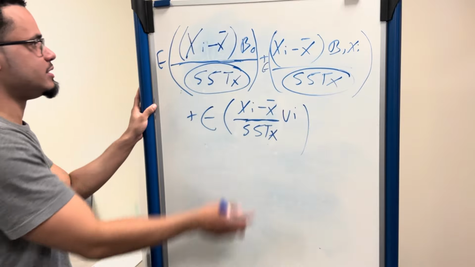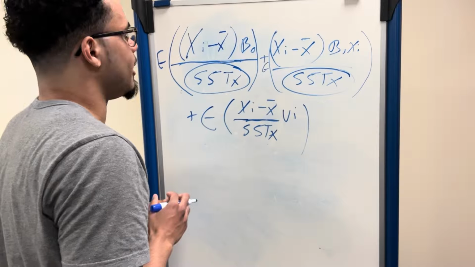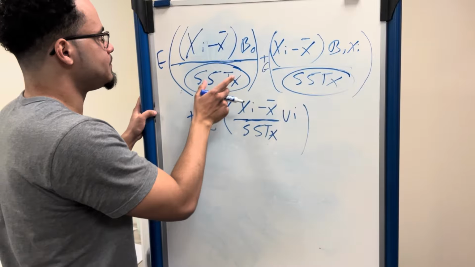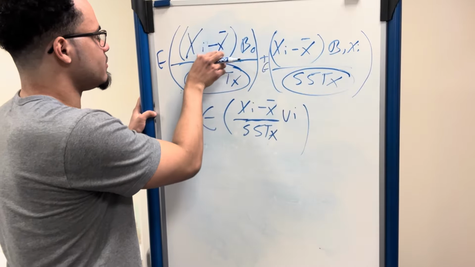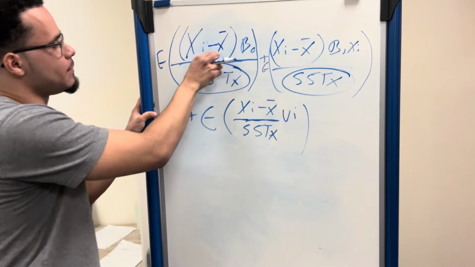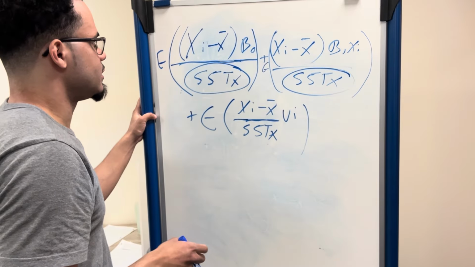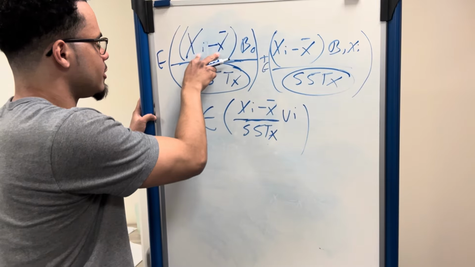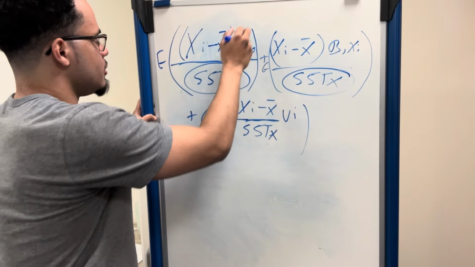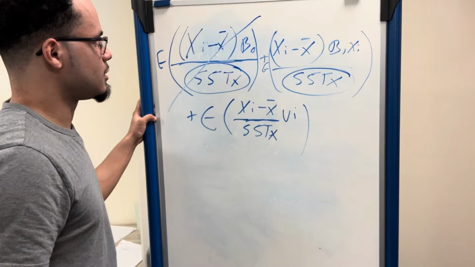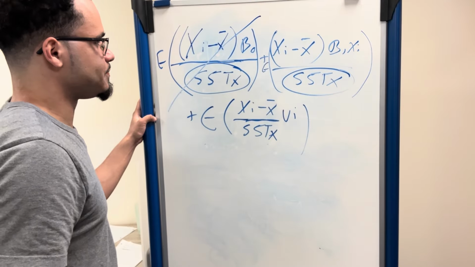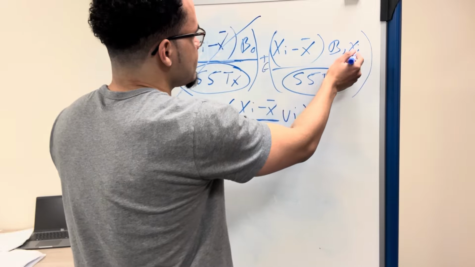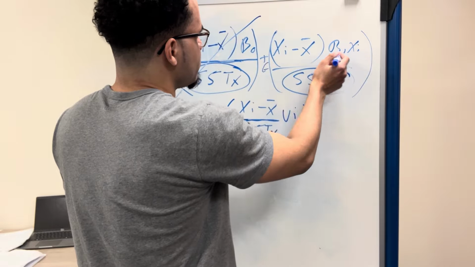Now, if we decompose this, we can come to the conclusion that the expected value of xi minus x bar is actually 0. Since this part is 0, you would not even look at this equation. But if we look at this, the beta 1 could be moved over here.